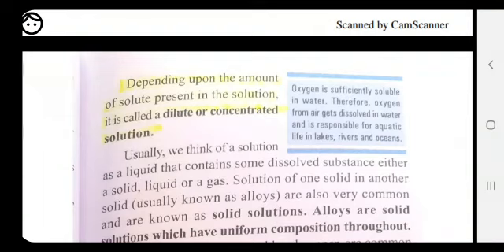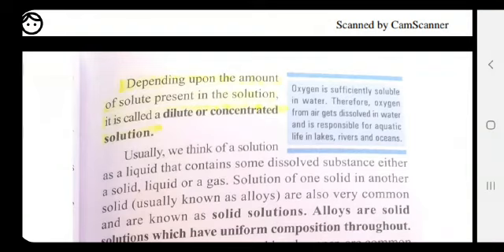But if the ratio of salt is more compared to the ratio of water, then it is called a concentrated solution. Like the milkman who came to our house used to add some amount of water into the milk. So milk is not the purest form that we are taking.